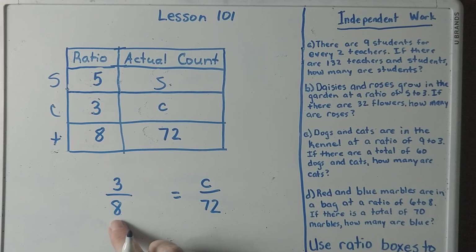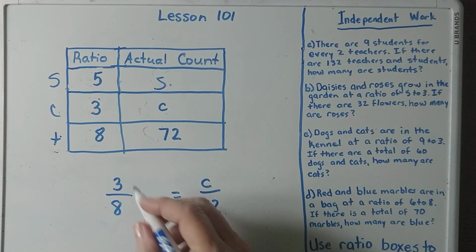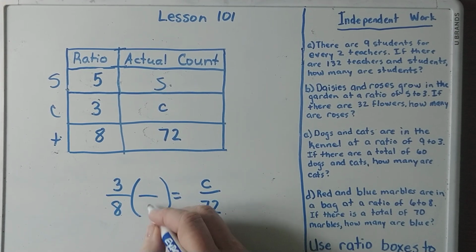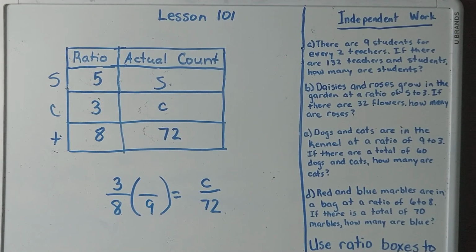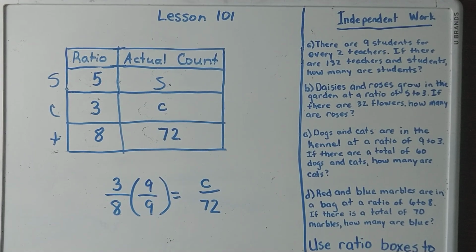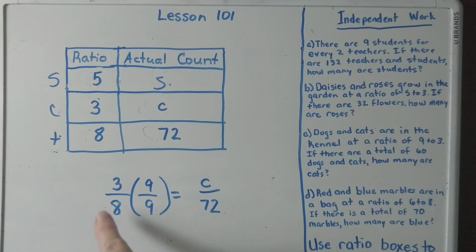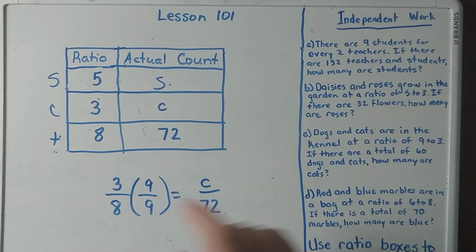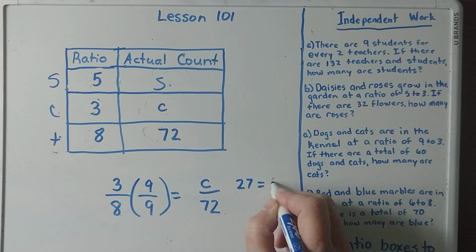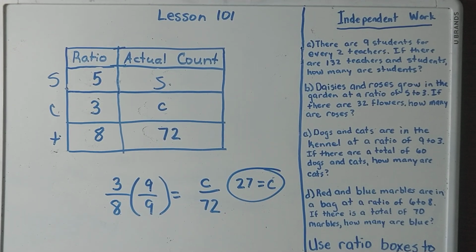Okay, so 8 times what equals 72? 8 times 9 is 72. So if you multiply the bottom by 9, you have to multiply the top by 9. Okay, so what is 3 times 9? So there are 27 crows.